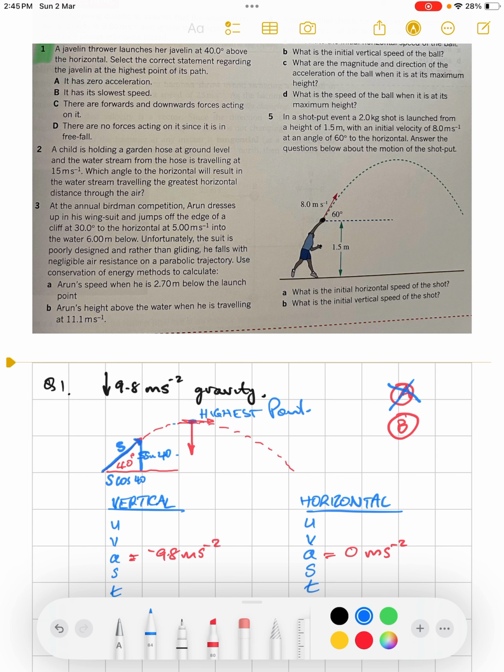At the highest point, there is S sin 0 in the vertical, and we've got S cos 0 in the horizontal, which is S.